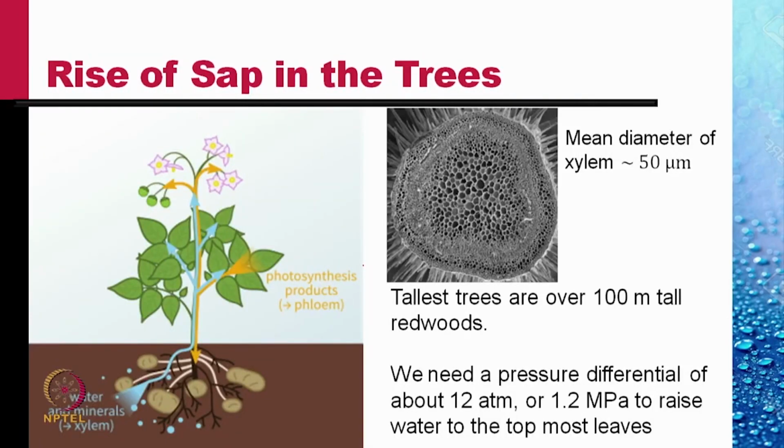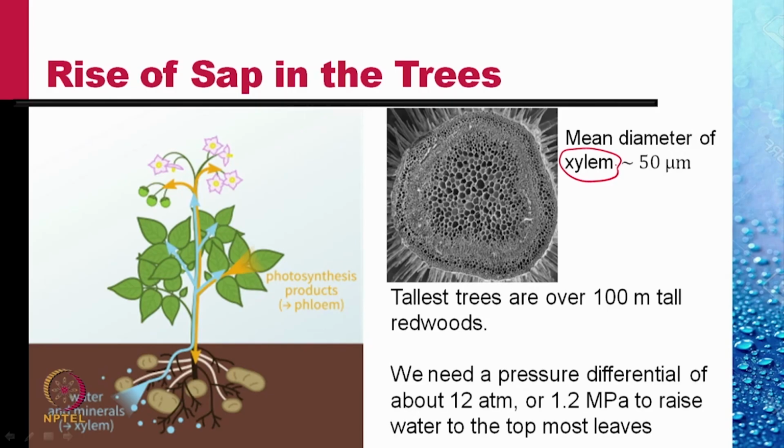All the trees and vegetation on earth need water for their growth. The water is sucked up through the roots through a system called xylem, and it goes up.